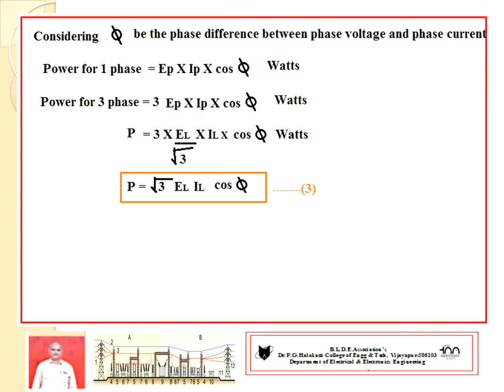Or I may replace phase voltage equal to line voltage by root 3, EL by root 3, and IP equal to IL. Then finally the power equation becomes root 3 times EL into IL into cos phi. You can call it equation number 3.